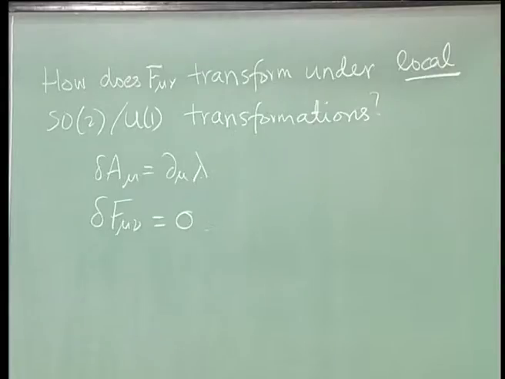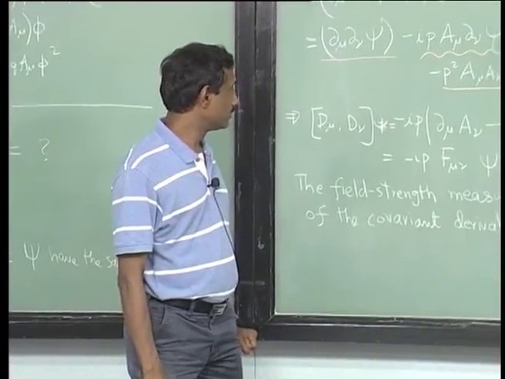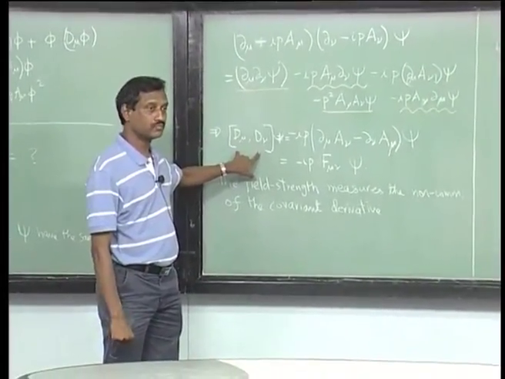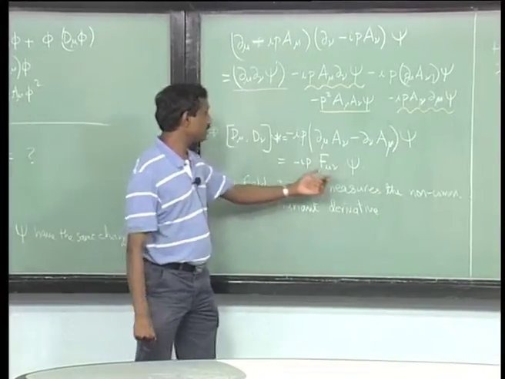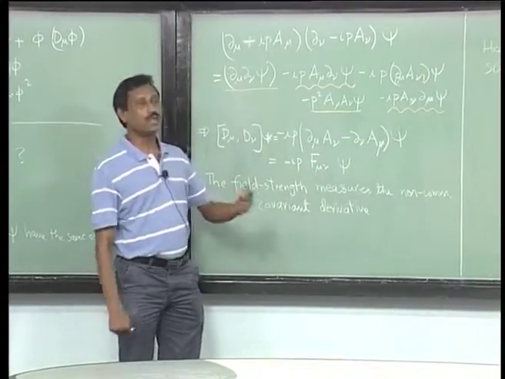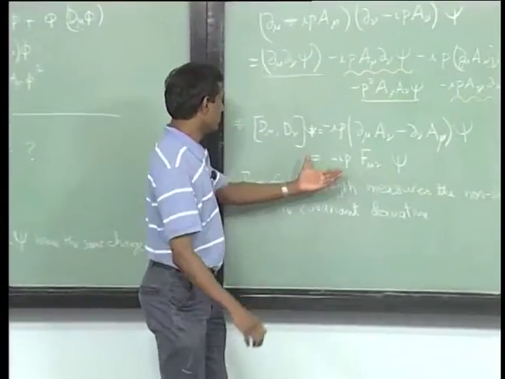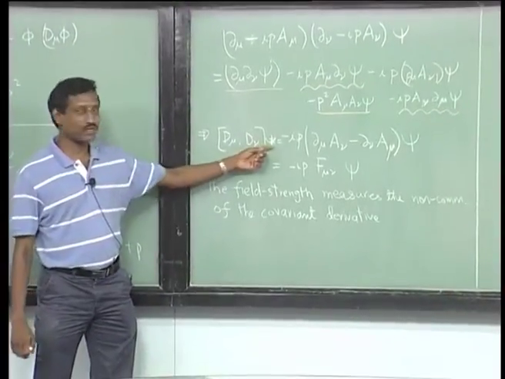We just compare the charges on both sides of this. Which one? The commutator D mu outside. Yeah. Transforms with the charge P, and so does the right hand side. Yeah, but how does that help? Ah, okay, yes, I agree. So the statement here is, we know that the left hand side transforms nicely.